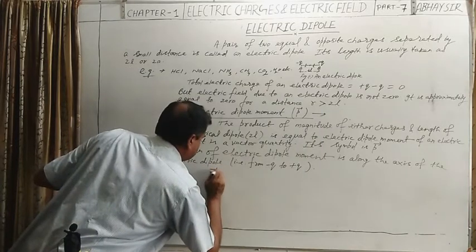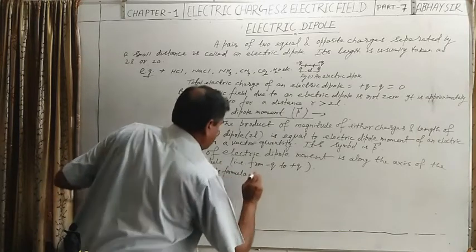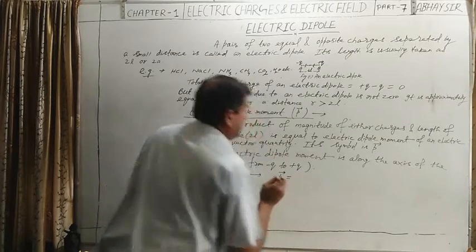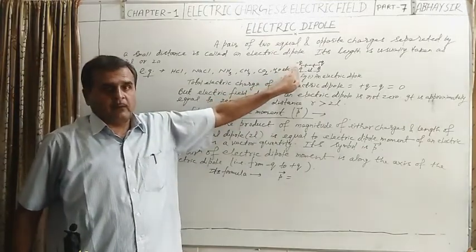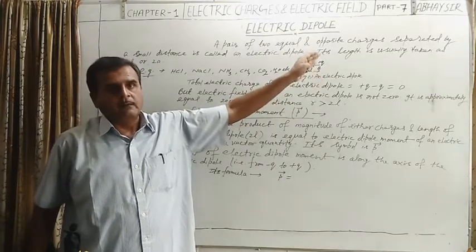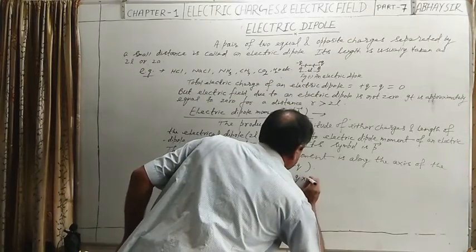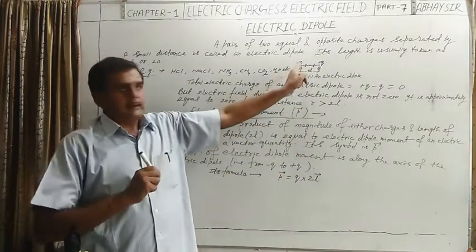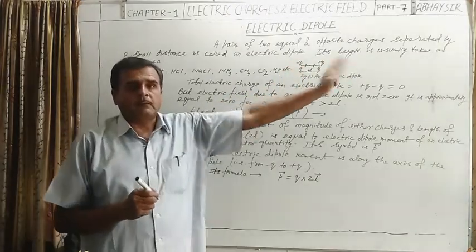Its formula: P vector equals the product of the magnitude of either charge, which is q, and 2l vector, along the direction from A to B, that is minus q to plus q.